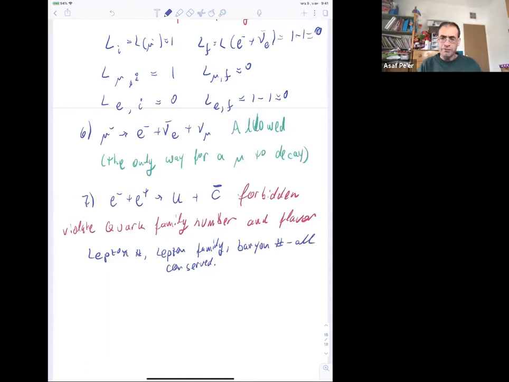But since we have a change in flavor, the only way that it can occur is via exchange of a W plus or minus.